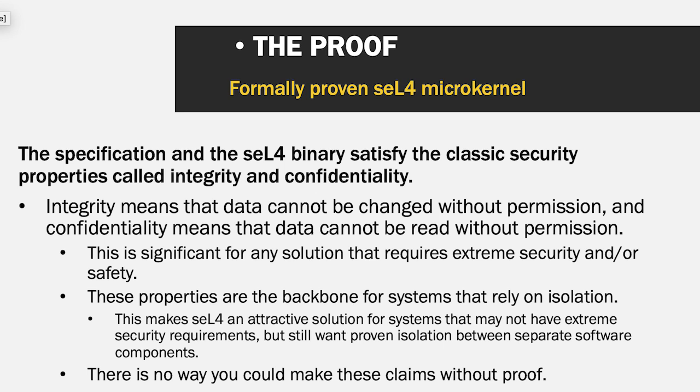So if you have something that's maybe mixed criticality, where you have a high security side and a low security side, and you need them to not communicate with each other in any way, the seL4 microkernel is a great way to do that because of the proof. And so it's really significant for any solution that requires security, and in the same vein helpful for safety properties as well. And like I was saying, there's basically no way you can make these claims without a proof.